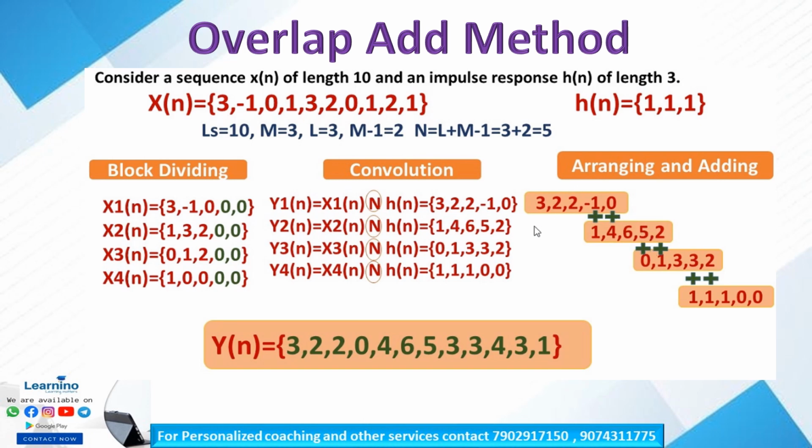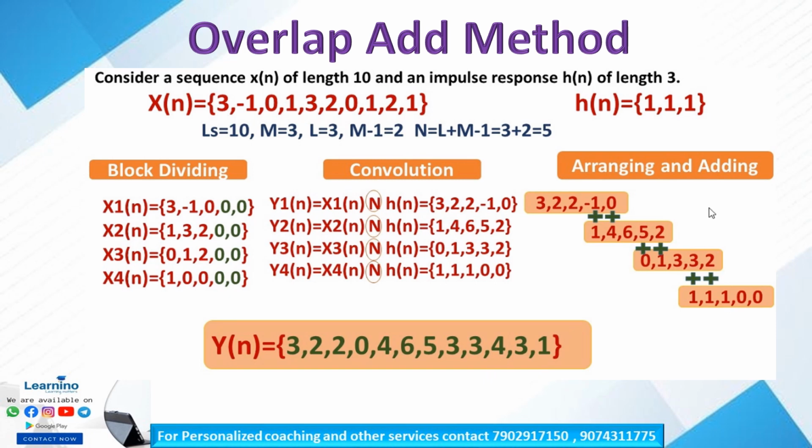So the final result will be the first 3 points, that is 3, 2 and 2. Then the sum minus 1 plus 1, which gives 0, 0 plus 4, which gives 4, then 6, 5 and 6, then 5 plus 0, which gives 5, then 2 plus 1, which gives 3, then this 3, then 3 plus 1, that is 4, then 2 plus 1, which is 3, and the last 1.